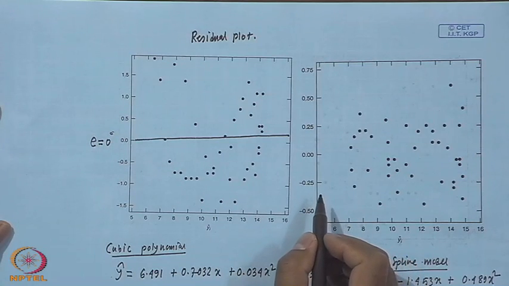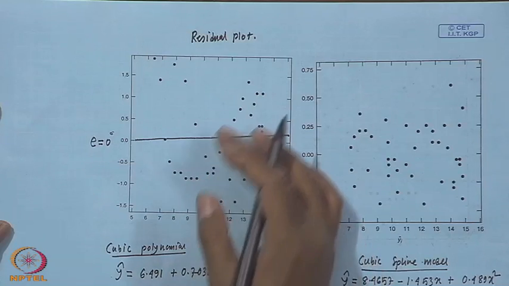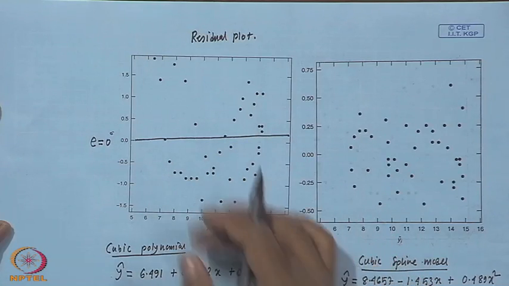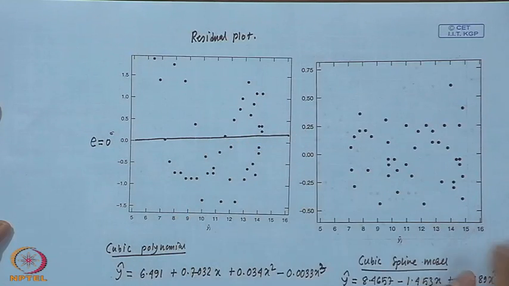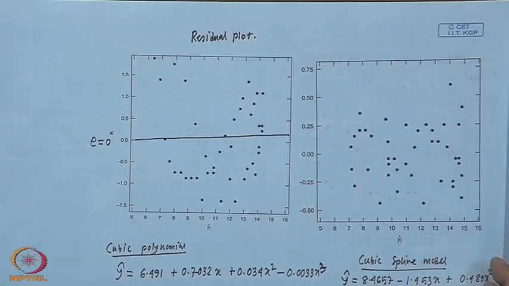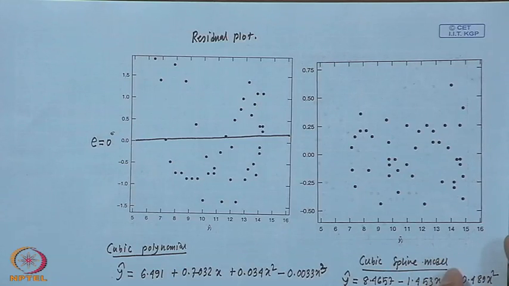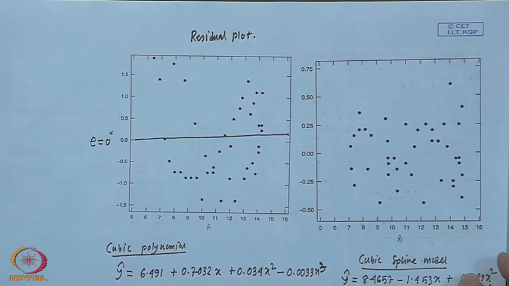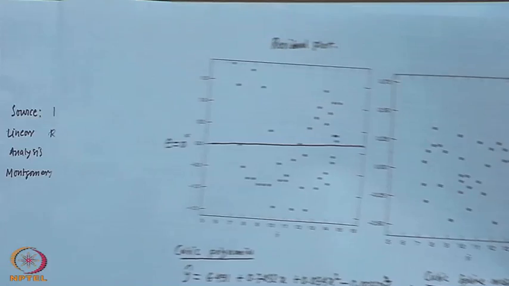That indicates that the cubic polynomial fit is not so good for the given data. Next, we will try the cubic spline model with two knots.